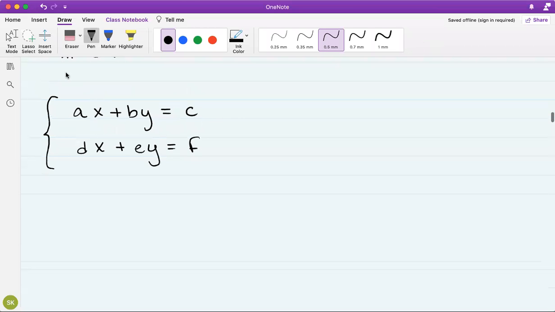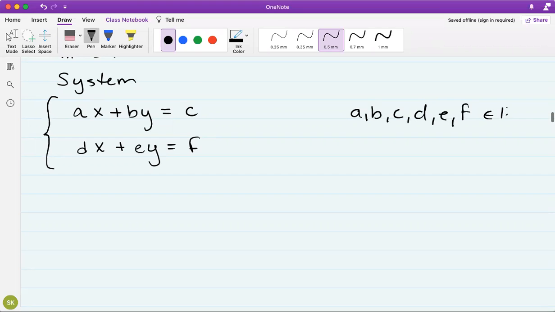Okay, suppose we have this system here. I have a system of 2 equations and 2 variables. And A, B, C, D, E, and F are all real numbers, so they can be anything you want. So for example, something like this. We could have 2x plus 3y is equal to 7.